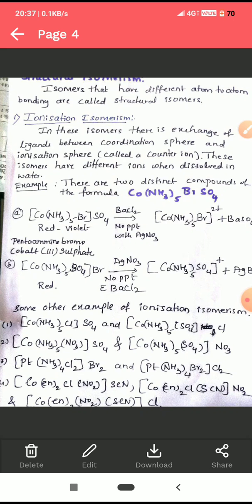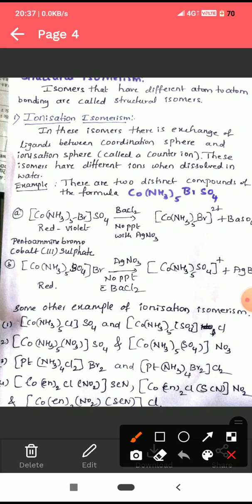For example, when we take the example of cobalt, [Co(NH3)5Br]SO4, the molecular formula is the same, but they have different ions when they are dissolved in water.